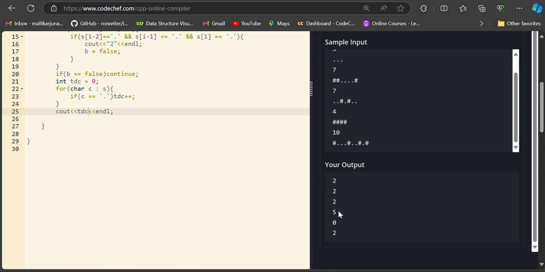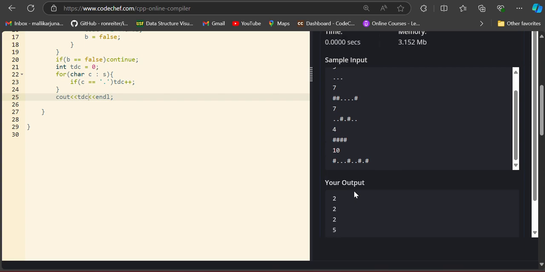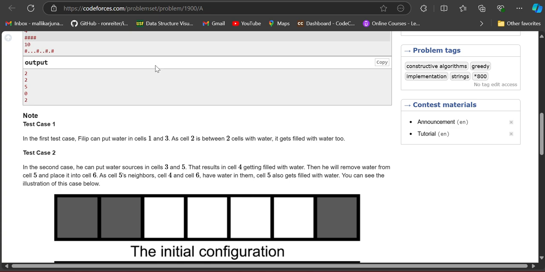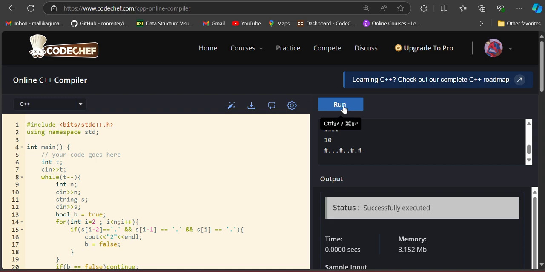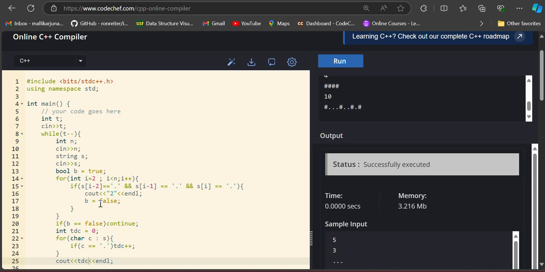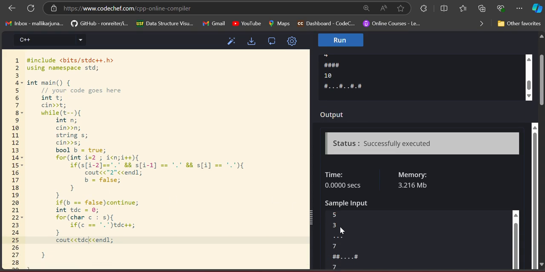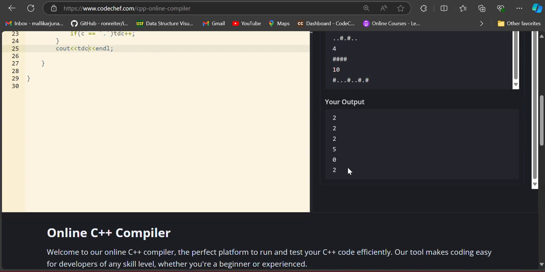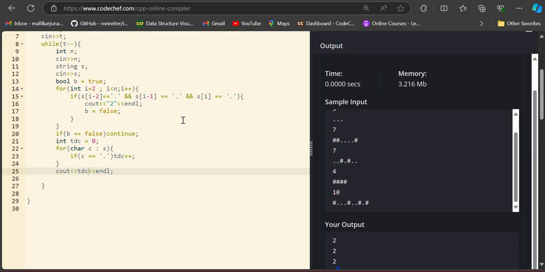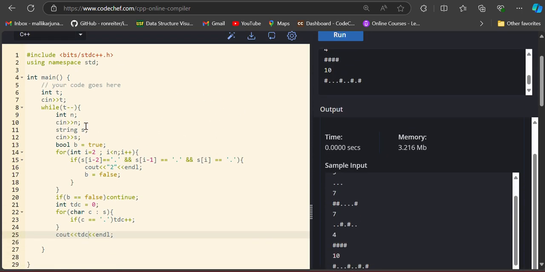So 22502. We have two twos, but why? Why do you have it? So I'm only writing. Okay, there must be some issue with my code. Okay, but what is it?